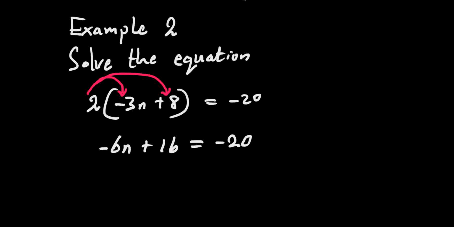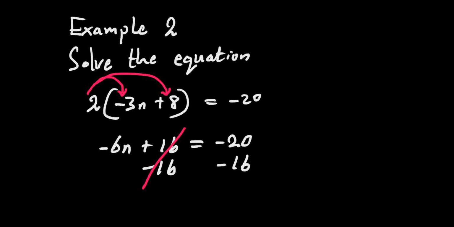And we can do that by simply subtracting, because we have a positive 16, we have to subtract 16 from here in order to move it from here. So we subtract 16 from both sides. So positive 16 minus 16, and then we have negative 20 minus 16. And this automatically will give us 0.